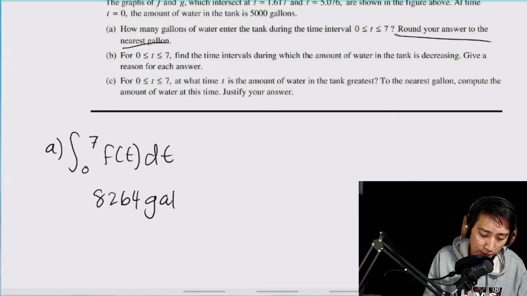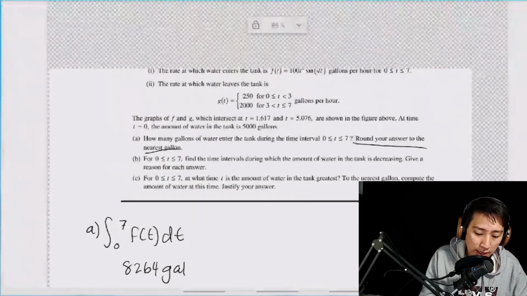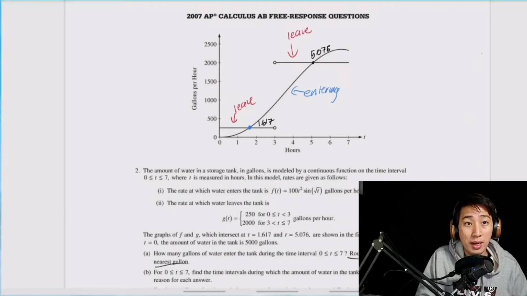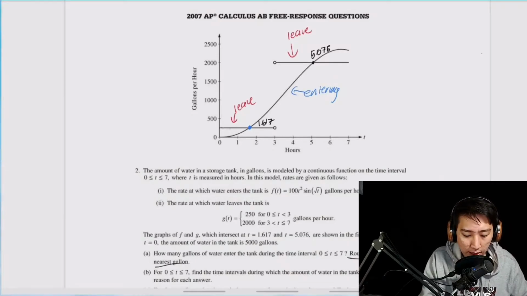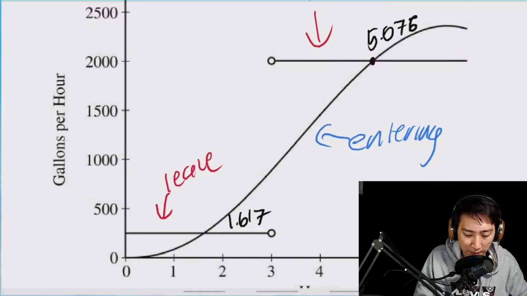All right. So next, it says find the time interval during which the water in the tank is decreasing. Basically, if we interpret that and look at the graph, we're asking when the amount leaving is more than the amount entering. Wherever my red lines are above my blue lines, that's where it is.